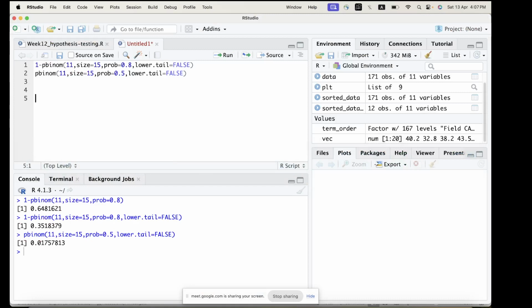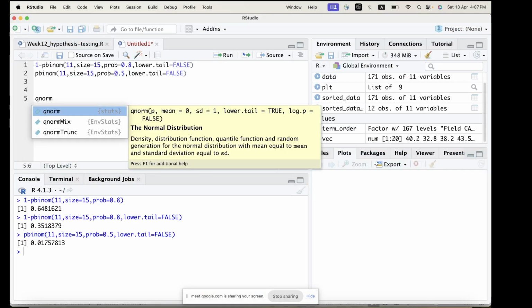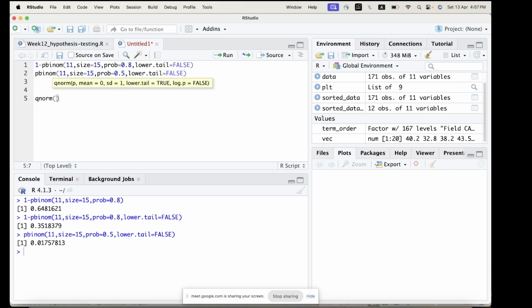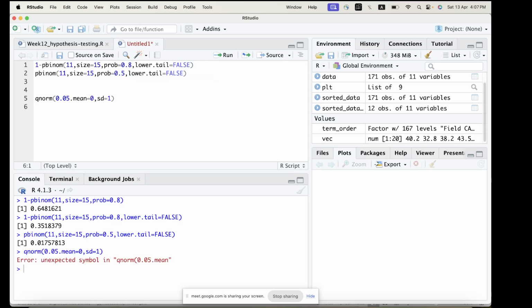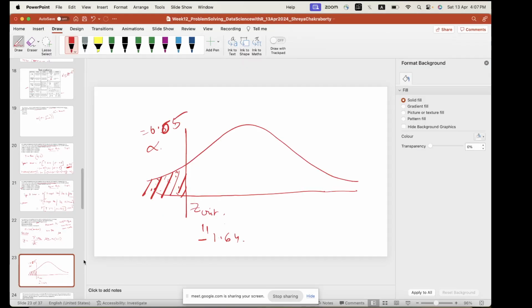So this would be qnorm, that point such that area below it is 0.05. Since it is Z, the mean of the normal distribution is 0 and SD equal to 1. So this would be minus 1.64. Alright, so this point is minus 1.64.